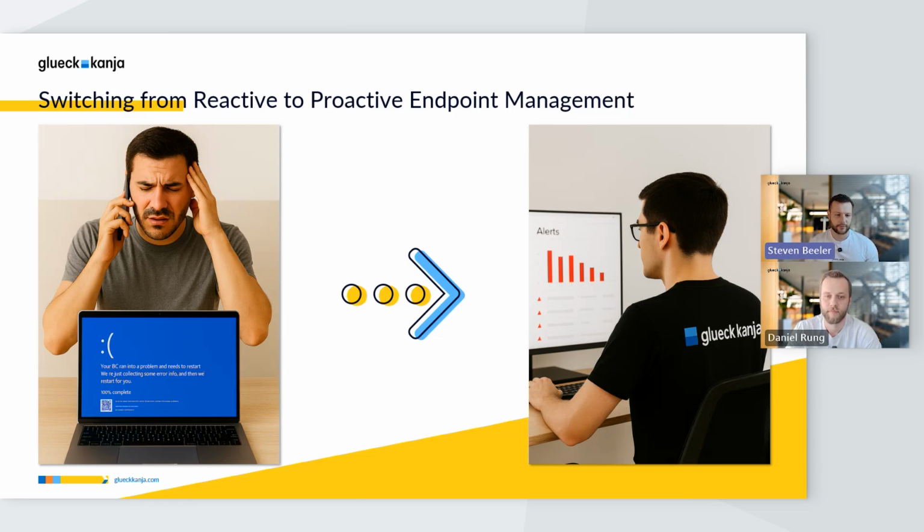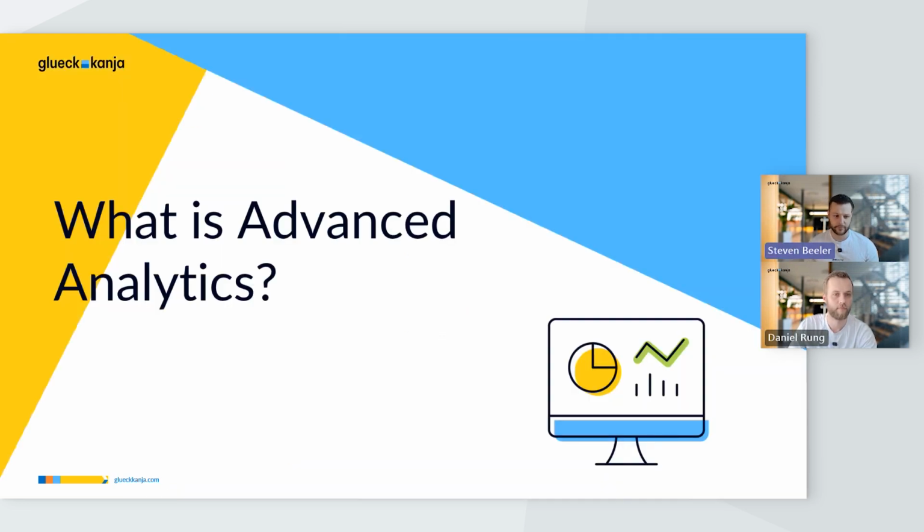And this is especially relevant today in cloud environments, because back in the day in corporate networks, all devices were in the same network and you could use tools like PSExec to troubleshoot devices. And today where everybody works from home or remote and devices are more secure than ever, this also creates a barrier for Intune admins to actually see what is going on on the devices. So Advanced Analytics helps with this.